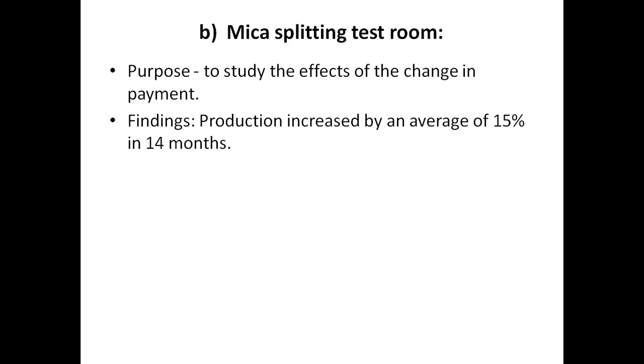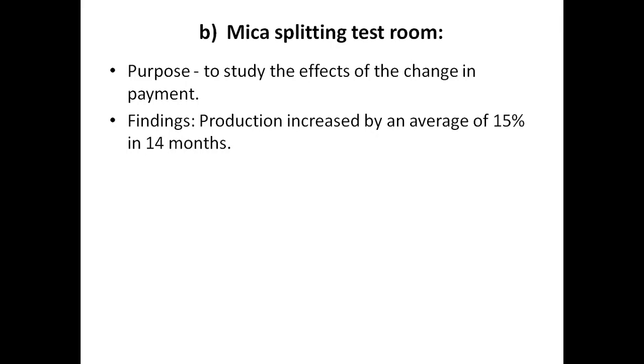The purpose of this experiment was to study the effects of the change in payment in the test room. Five operators participated in the experiment; two were selected at random and these two selected the others. Production increased by an average of 15% in 14 months.